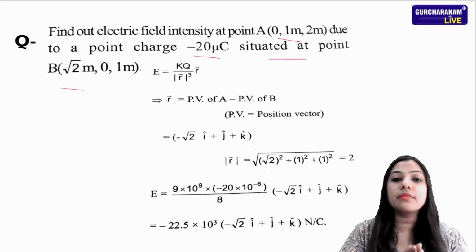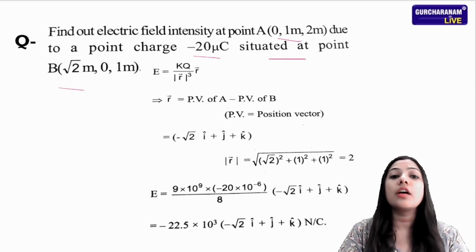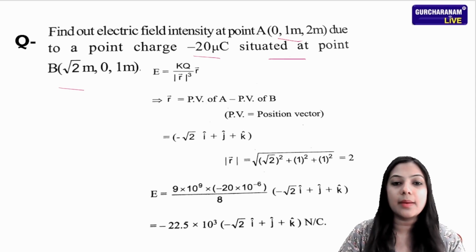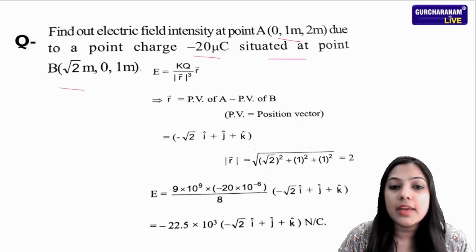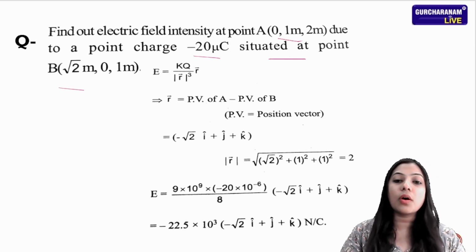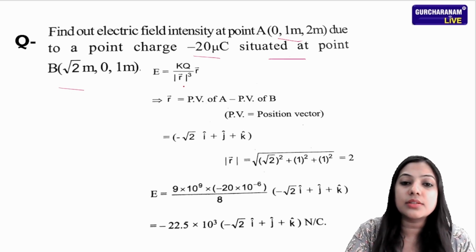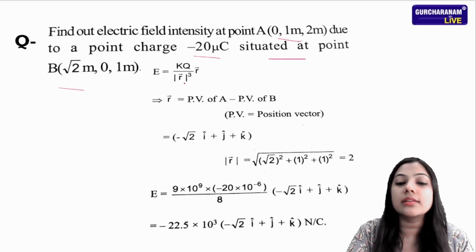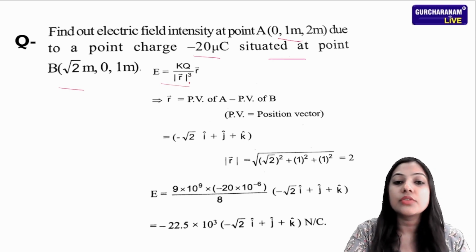What we have to do in this question is find the electric field intensity at point A. So the formula is E equals kq upon the cube of the magnitude of r vector, multiplied by r vector. We have to use this formula in this question.